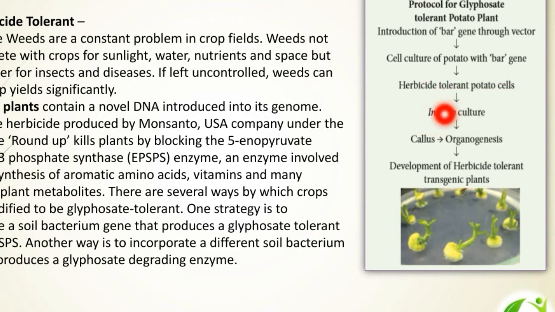It is grown artificially, in vitro, that is, in the laboratory. From those cells, we can initiate the formation of a callus, an undifferentiated mass of cells, and the callus can be stimulated for the production of organs, which is called organogenesis. In this way, we can make a herbicide tolerant transgenic potato plant.